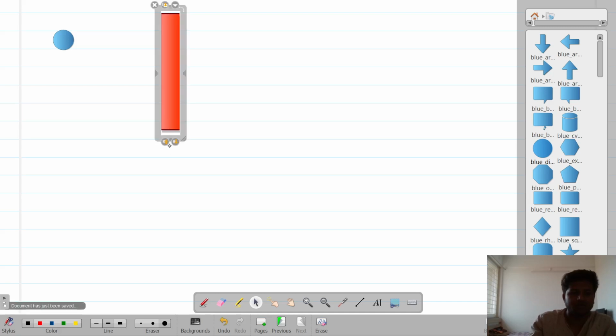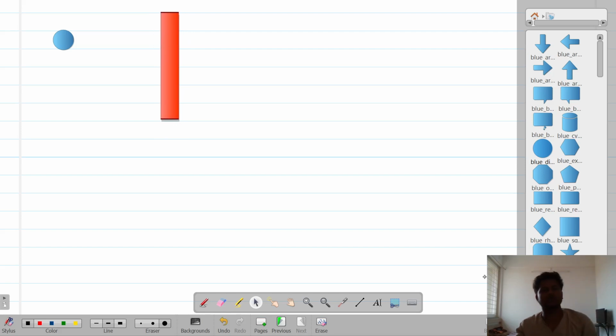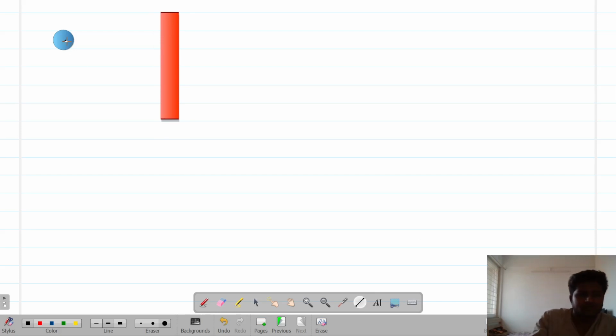Now, one of the most important generalizations I want to give is about big balls. People think that big balls mean a simple concept, but actually you have to be very cautious when dealing with big balls. Try to understand. Let's suppose this ball was coming towards the big wall, moving with some velocity.